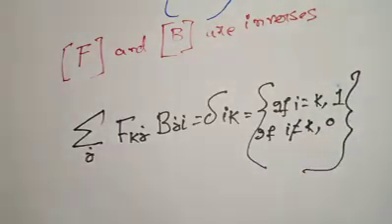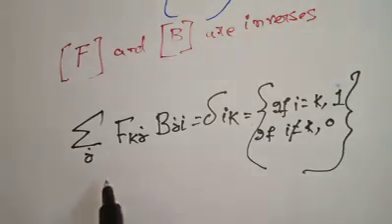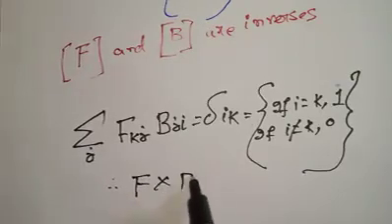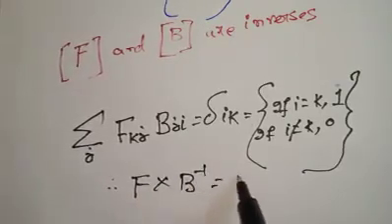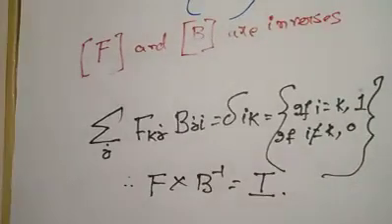So this is the final sum-up: the forward and the backward transformations equal the Kronecker delta of ik. And in this way, if I take f and b as forward and backward, f and b are inverses.